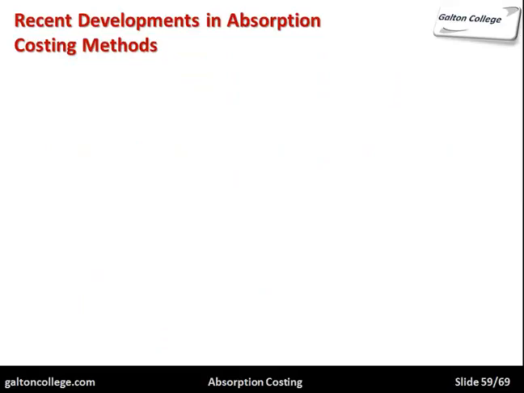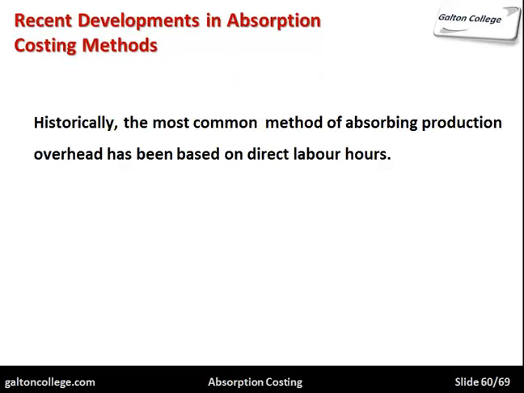Recent developments in absorption costing methods. Well, historically the most common method of absorbing production overhead has been based on direct labour hours. That's the one which was most widely used. They look at the number of labour hours and use that as a basis for apportioning and absorbing many overheads within the business.